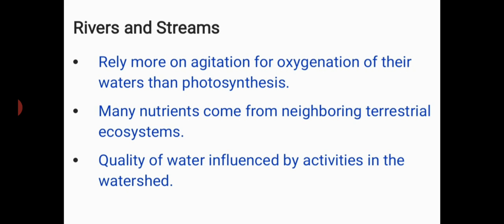Although streams have their own primary producers like algae and rooted vegetation, these organisms play a minor role in providing food in this ecosystem.